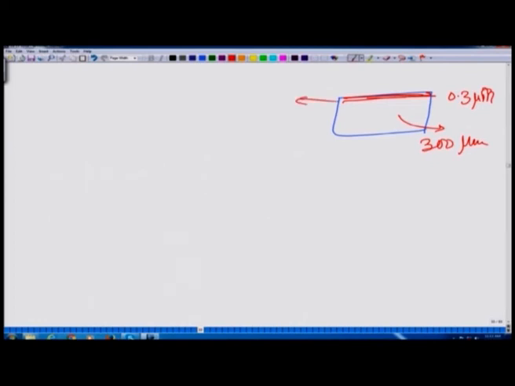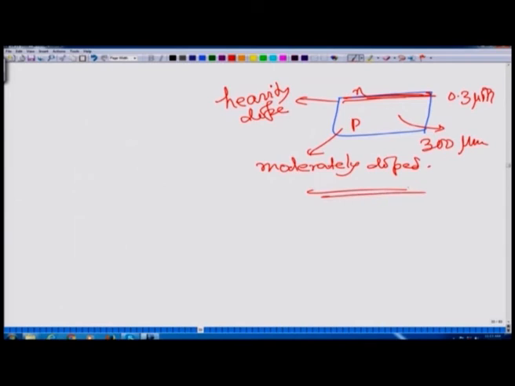Remember, this is the N side and this is the P side. This N side is heavily doped and this P side is moderately doped. So, these are the structural parameters. This is how it is done.